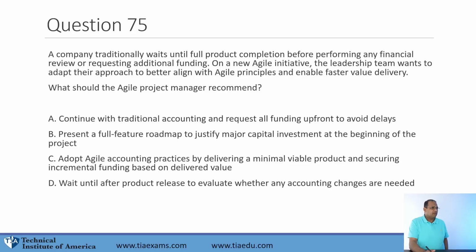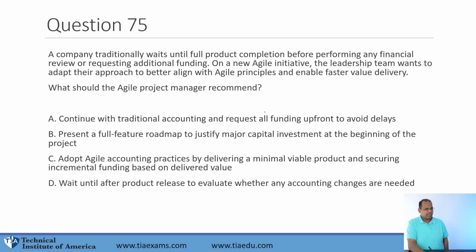Question. A company traditionally waits until full product completion before performing any financial review or requesting additional funding. On a new Agile initiative, the leadership team wants to adapt their approach to better align with Agile principles and enable faster value delivery. What should the Agile project manager recommend?